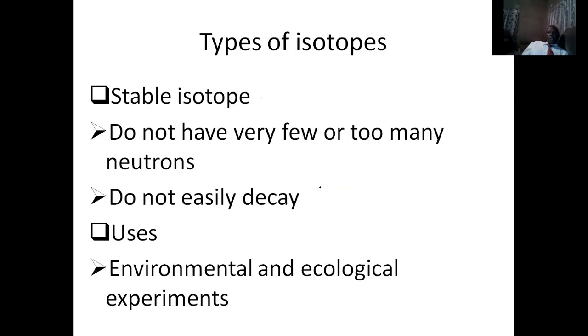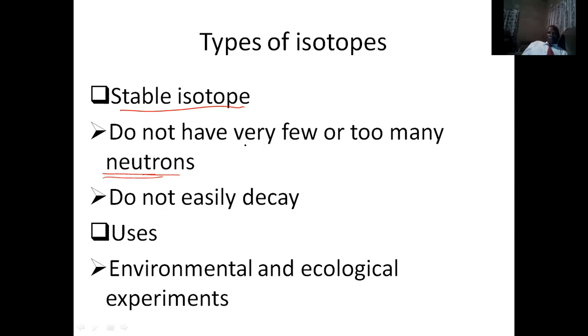And so there are basically 2 types of isotopes. We have stable isotopes and unstable isotopes. Generally, the stability of an isotope is dependent on the number of neutrons in it. The isotopes with very few neutrons and very many neutrons are not stable.